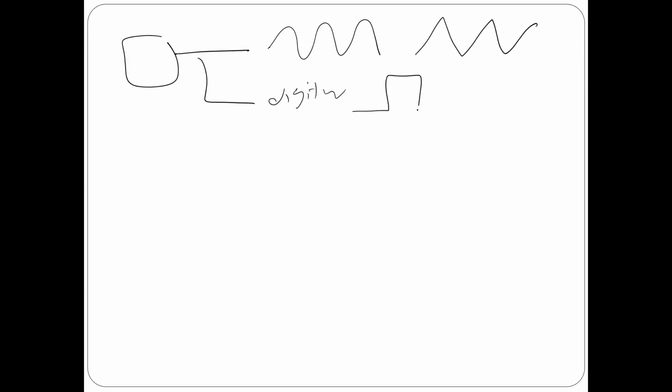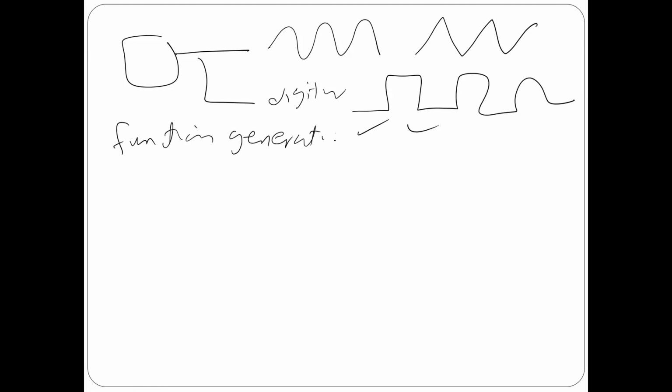Digital has to be this way. For sure, as I told you, in this course all the time we're going to use digital signals. This function generator is already in your lab. The lab has an external device for the function generator, but I think you can use the Discovery kit. The Discovery kit has a function generator.